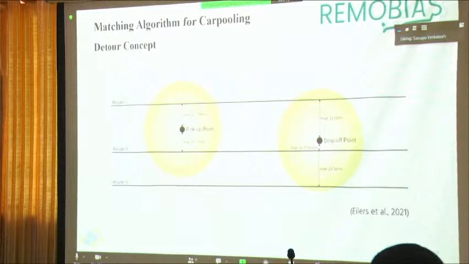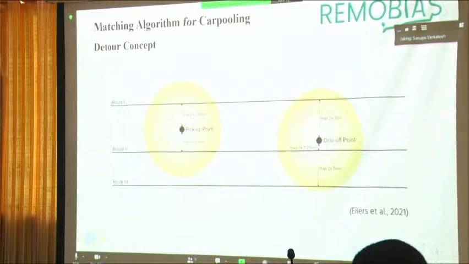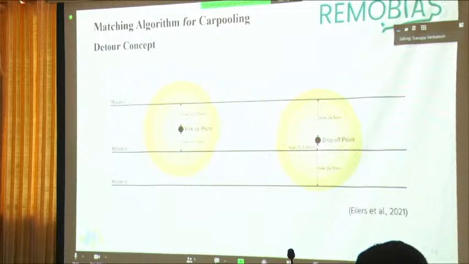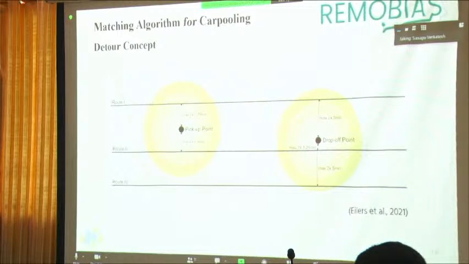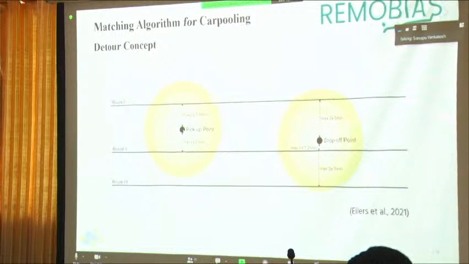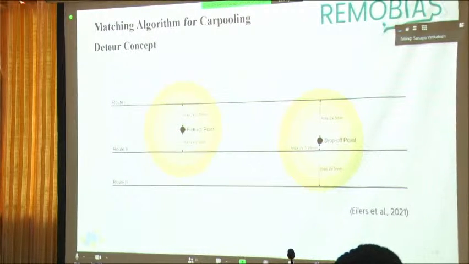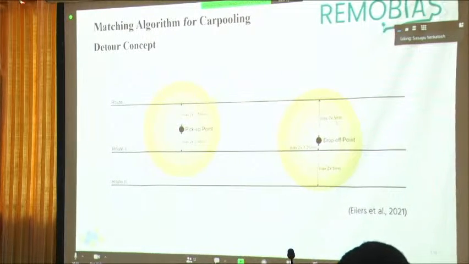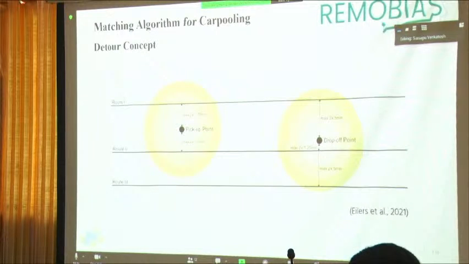So let's say this is your pickup point, and the other one is the drop-off point. This matching algorithm works on a principle of G2, which is a limit of a maximum of 2 times 5 minutes, which is 10 minutes from the drop-off point or the pickup point.